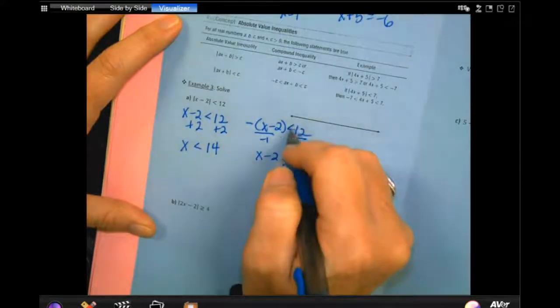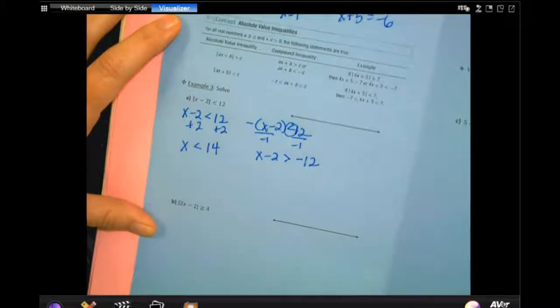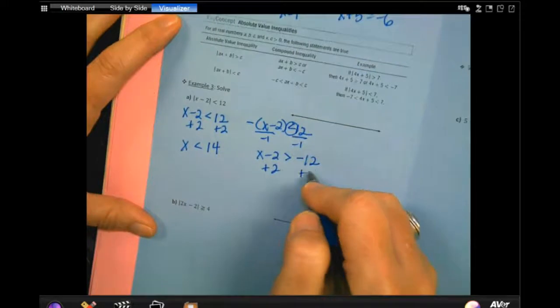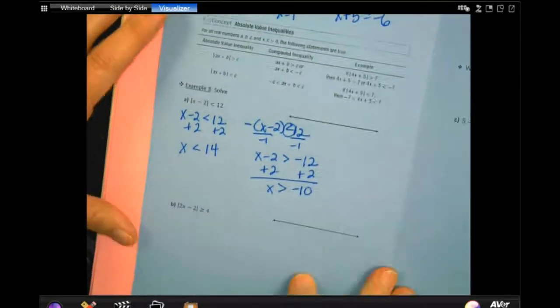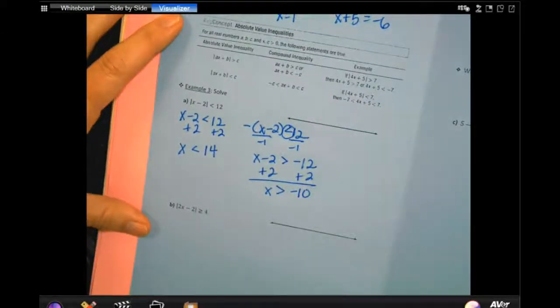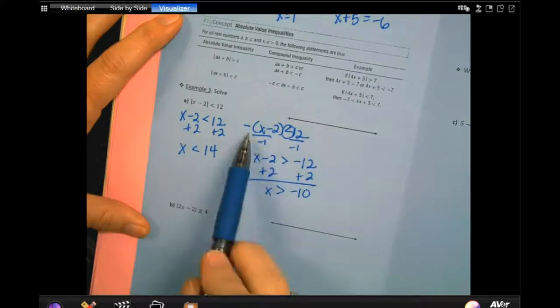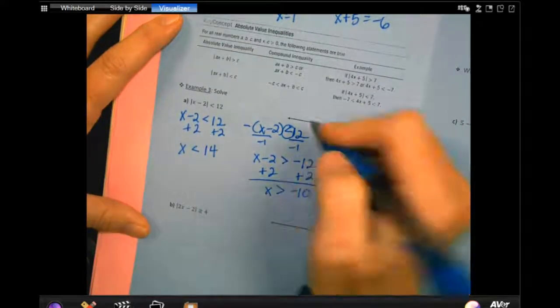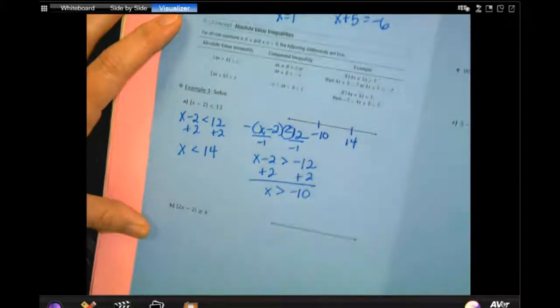And that means I have to flip my inequality. I'm going to add 2. So I got a positive equation and a negative equation. And when I divide by negative, I have to flip the inequality. So I have -10 and 14.